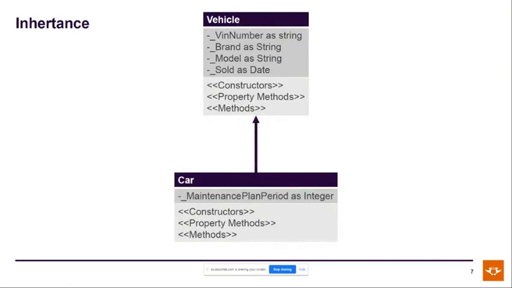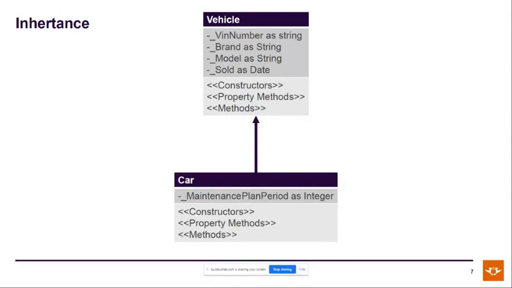Originally, I slightly modified it, and that's why maintenance plan is in car and not in vehicle. I included trucks as well, but the lecture became a bit long when I included that example. So there was a service plan included here, because a maintenance plan and a service plan are two different things, essentially, if you look at it contractually.